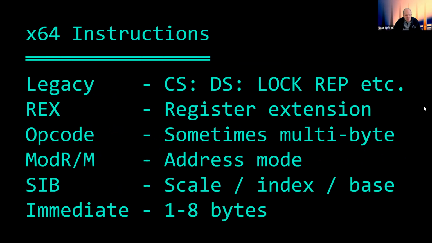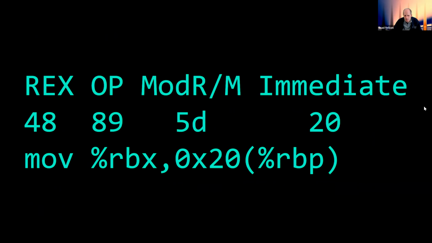So x86-64 instructions, they've got a fairly elaborate structure, a bunch of legacy prefixes, the REX prefix, and then the opcode, and this ModRM byte, and then potentially a scale index base byte and an immediate. And so typical example, here's a move instruction. I'm using the AT&T syntax, which I cringe at.